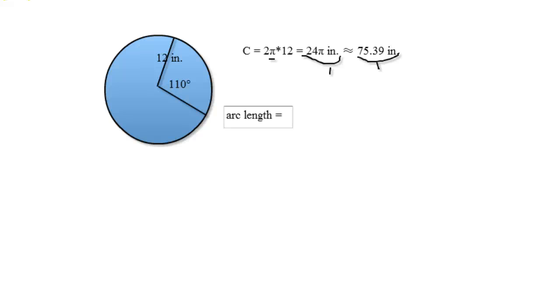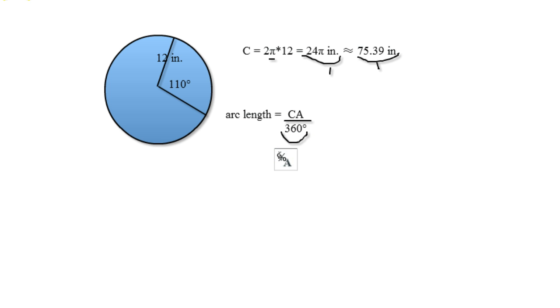It is the central angle that you're working with, and you're going to divide that by 360 degrees, which makes sense. Now that's the percentage of the circle. So that's the percentage of the circle that we are using.